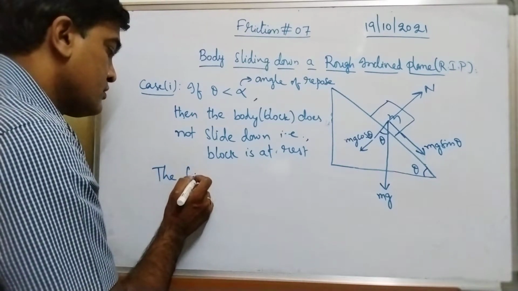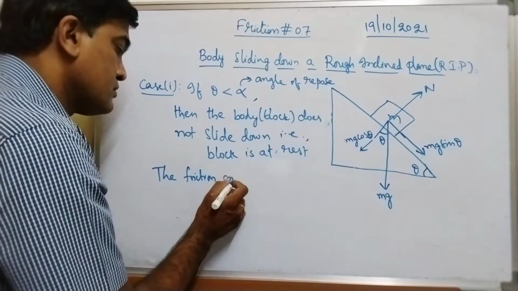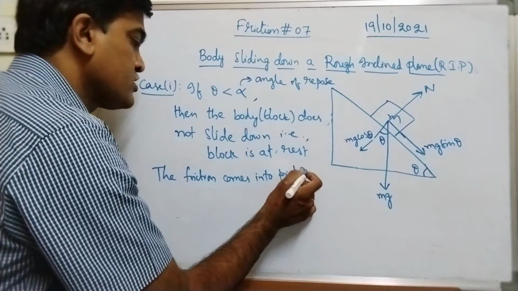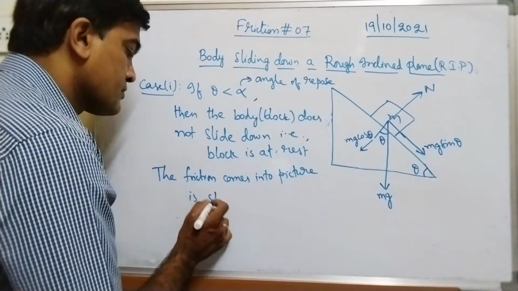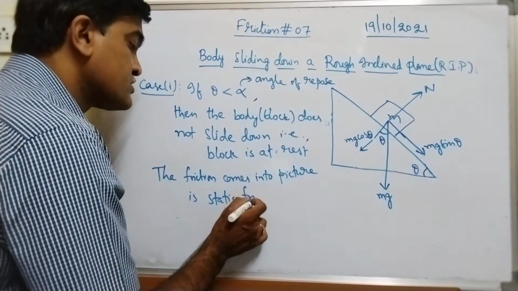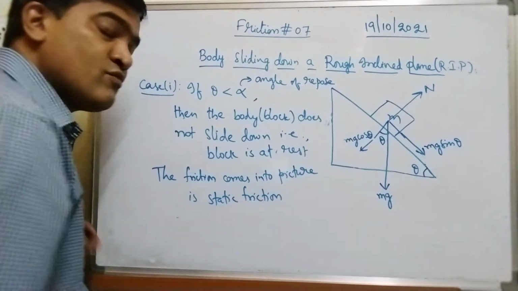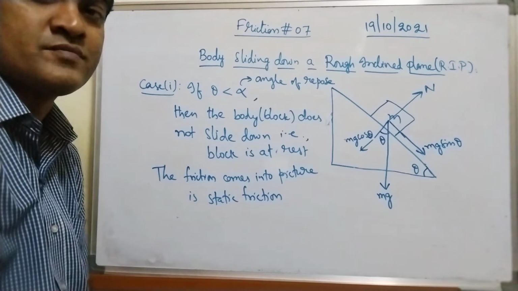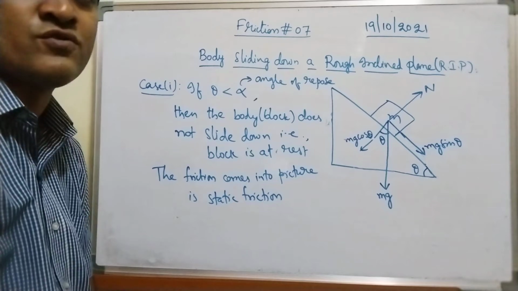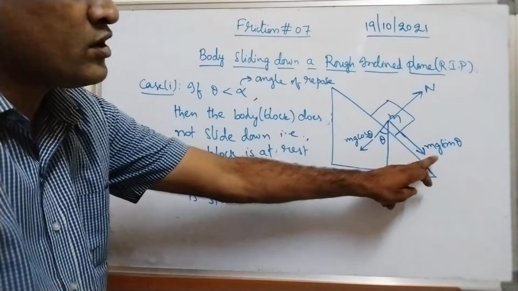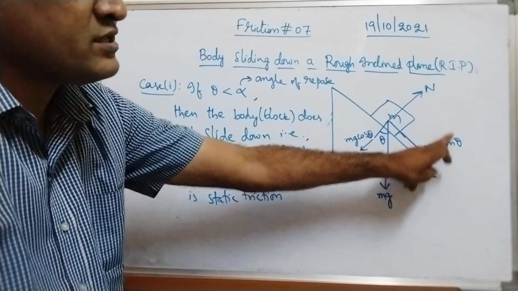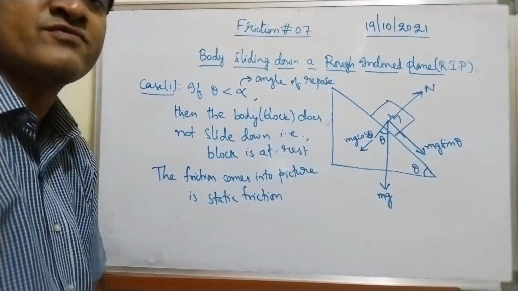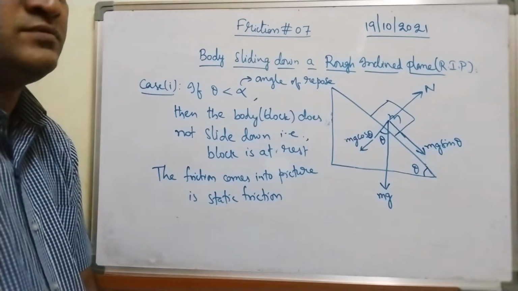The friction that comes into picture is which friction? Static friction. And what is the formula for static friction? There is no such formula for static friction, remember. Static friction is a self-adjustable force. That means whatever the value of mg sin theta changes, accordingly the static frictional force will change.